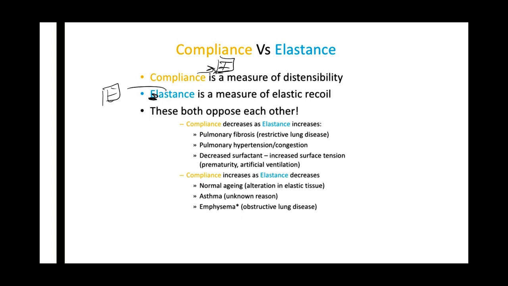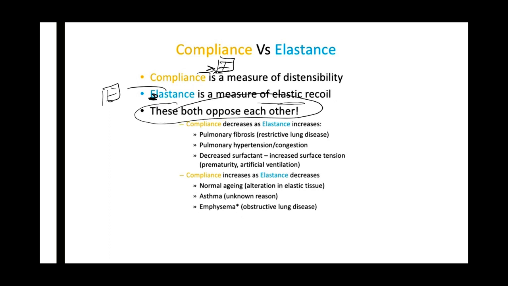How much can the alveoli distend, or how much can the lungs distend when you're inhaling air? Elastance, like a rubber band, is a measure of elastic recoil, or how good are the alveoli at snapping back down to their original size when they exhale air.